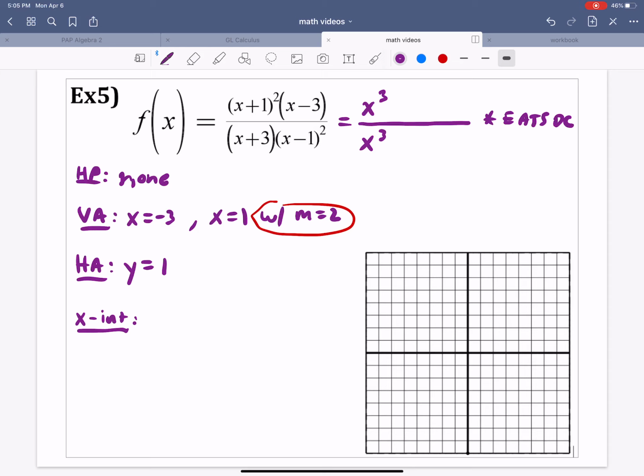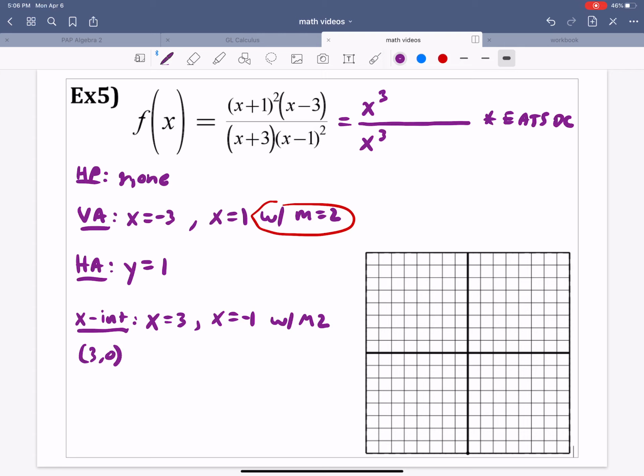Now, let's do the x-intercept and the y-intercept. So the x-intercept, remember you set the numerator equal to 0 and you solve. So here you get x equals 3 and you get x equals -1. Again, remember chapter 5, with a multiplicity of 2 because x equals -1 will happen twice. Again, this is going to be a key part of our graph as well. It's going to help you draw this accurately. So let's write those out as points.